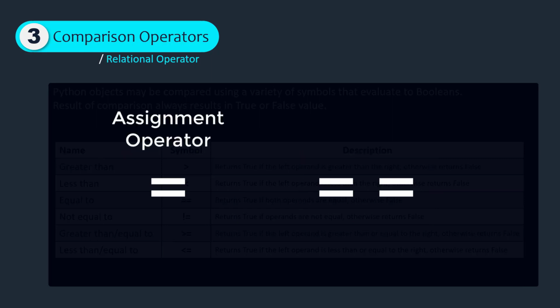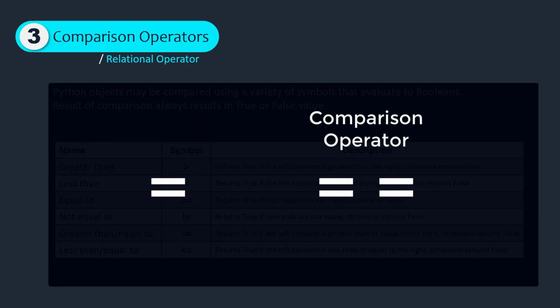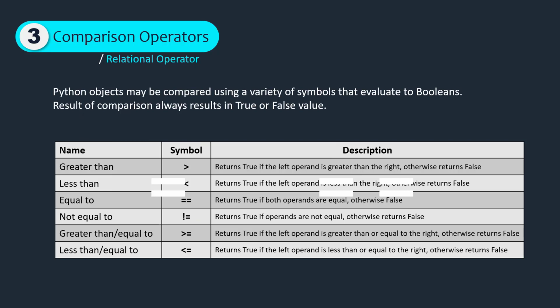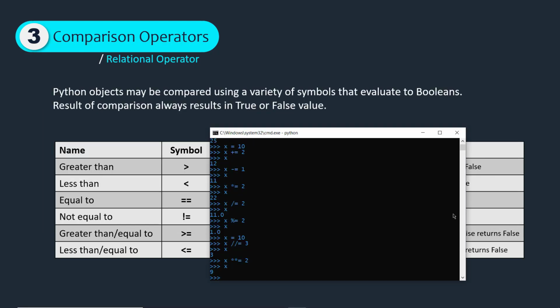The left one always assigns the value of one variable to another variable or one constant to another variable, and the right side, double equal to, is used to compare two operands, and it will result in either true or false. Okay, we'll see each of these operators in action using Python expressions.